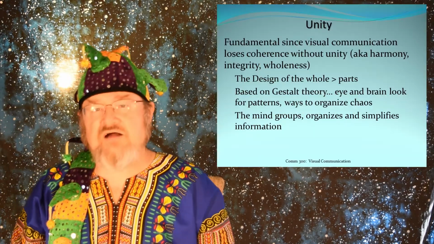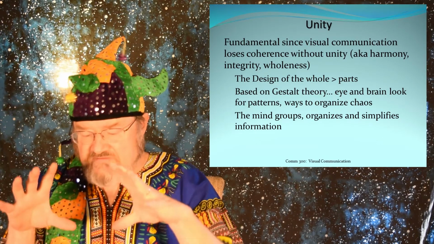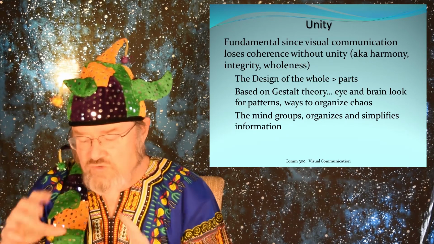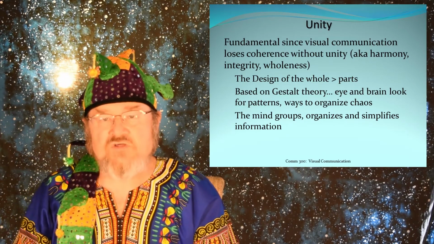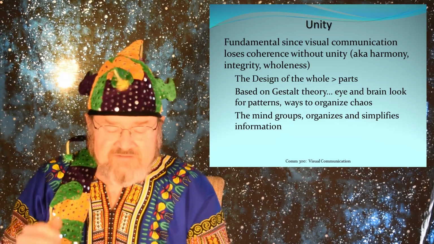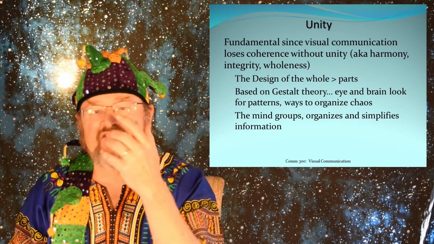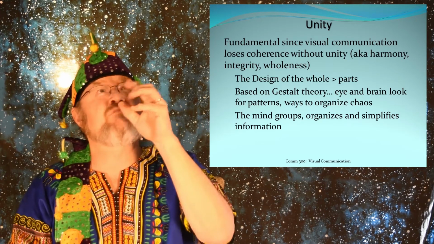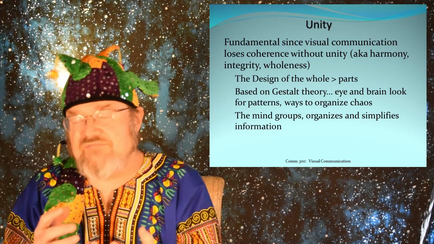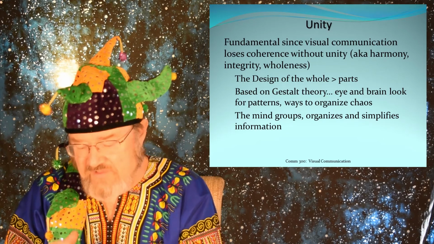Unity, of course, is the idea that we tend to look at things and try to integrate them, try to place them into a larger whole. So the design of the whole is more than the sum of the parts. And this is true, at least in part, because of Gestalt theory, which says if I look at something like a blank wall or a ceiling that has lots of little holes in it, my brain, my eyes, try to find patterns there, right?